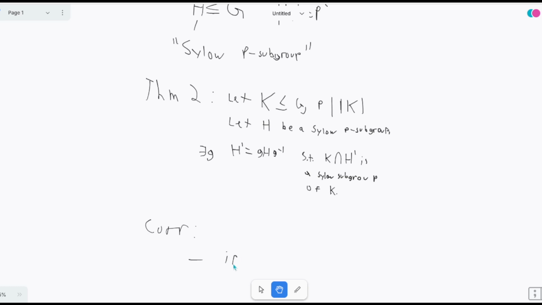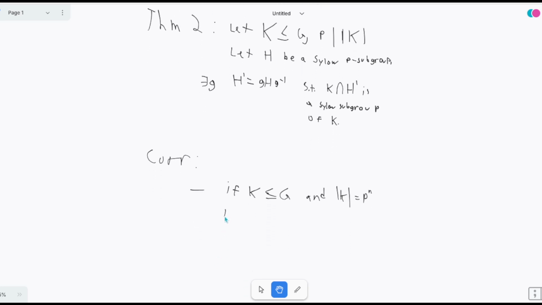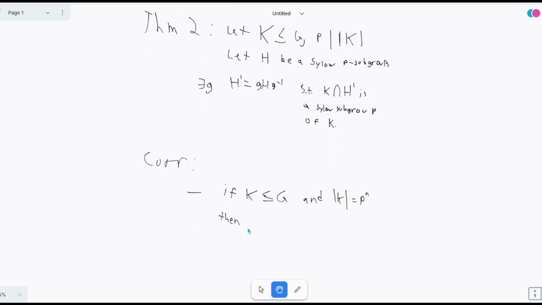If K is a subgroup of G, and K is a p group, then K is contained within a Sylow p subgroup of G.